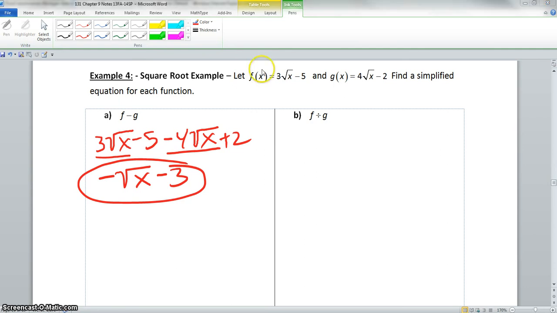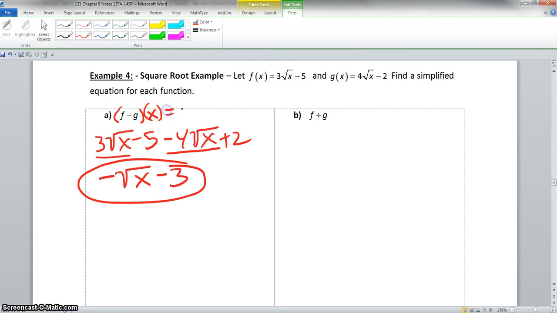Okay, next, we come here to B. We have f divided by g. Now, one thing I have not been doing, and I want to clarify this. When we have f divided by g, or f minus g, that's the same as putting it in parentheses with x. So you know it's really f of x minus g of x.